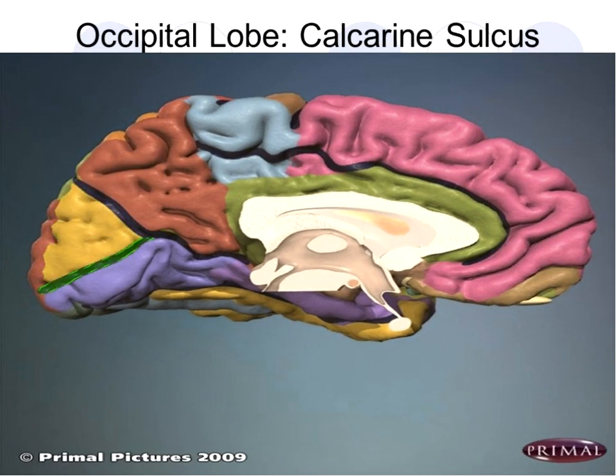All right. And we also have a fissure that divides the cuneus from parts of the occipital temporal gyrus here. So this is the calcarine sulcus here.